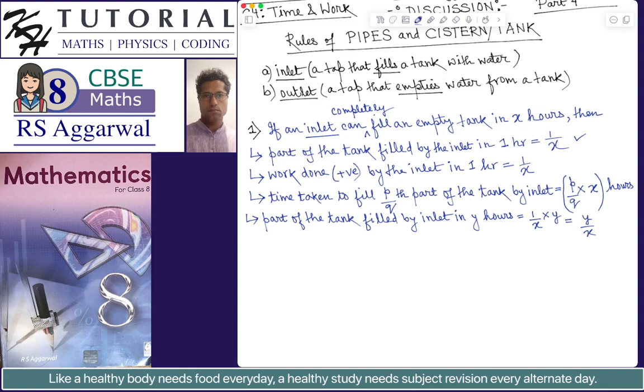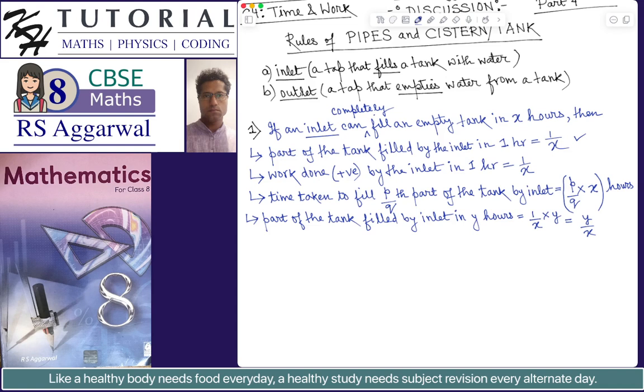So this is the first information we know. The second information we know is that the work done by the inlet in 1 hour is 1 by x. Now, regarding a tank being filled or emptied by water, the work done will be positive when a tank is being filled by water.